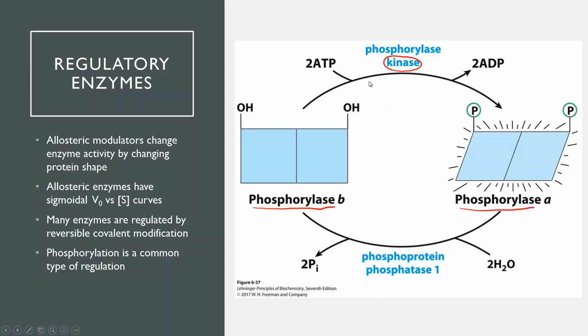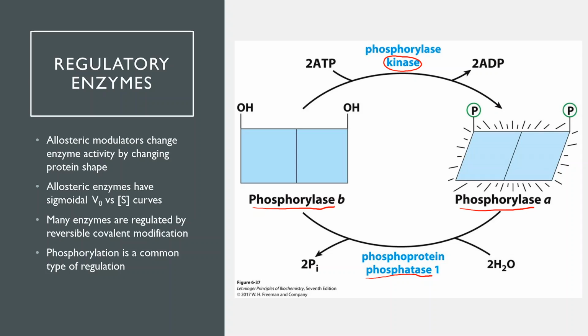Also, phosphorylation usually requires ATP, so two ATPs are needed to add phosphates to two residues. And then you can remove phosphates with a different class of enzymes called phosphatases. So kinases add phosphates, phosphatases remove phosphates.